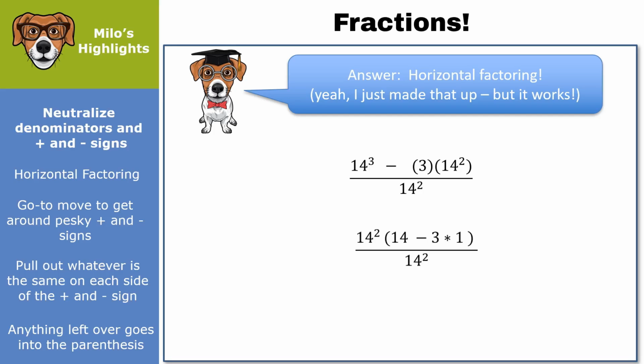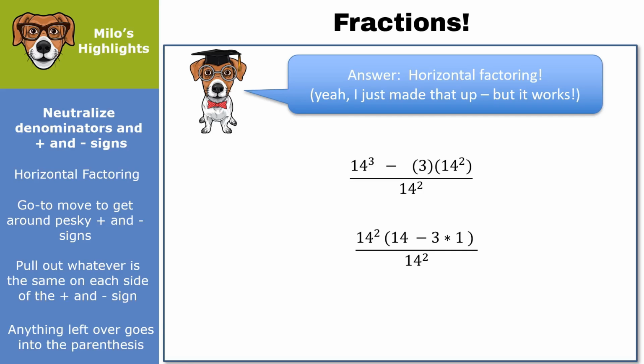We took 14 squared out of 14 cubed on the left side of the minus sign. That still leaves 14, which goes into the parentheses. And on the right side of the minus sign, we didn't do anything with the 3, so that goes into the parentheses. When we took the 14 squared out of 14 squared, we actually left behind a 1. I know, it's weird, but that's how it works.